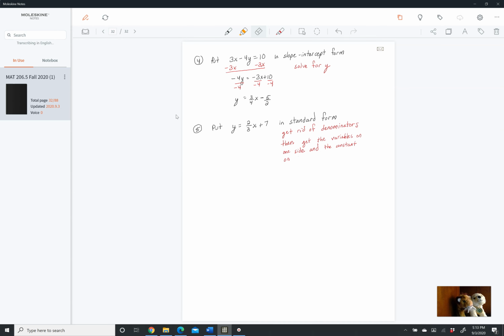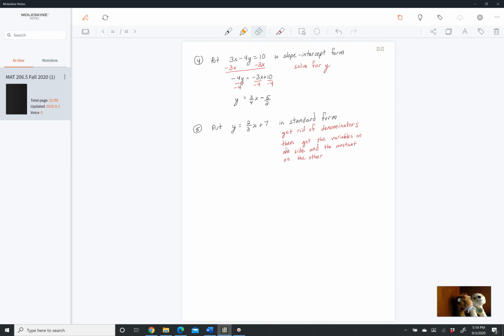And remember, you're going to have to get rid of the fractions anyway, because in your final standard form, you cannot have any fractions. You can only have integers. So you're going to have to do this, whether you do it before you get the variables on one side and the constant on the other, or you do it after. That's up to you.